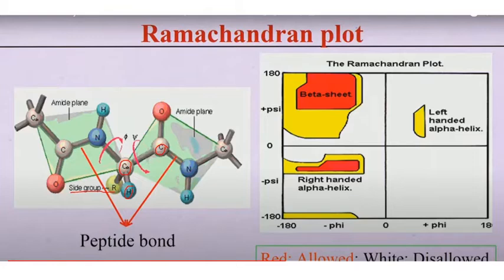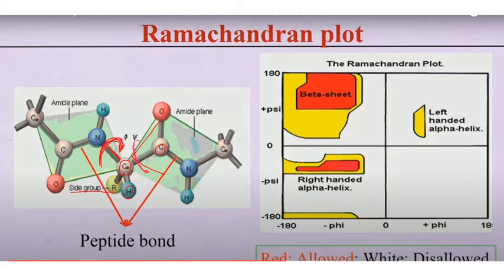The bond between C alpha and N can turn in the clockwise direction. Remember this plane: when this plane turns in the clockwise direction, it is called the phi angle.